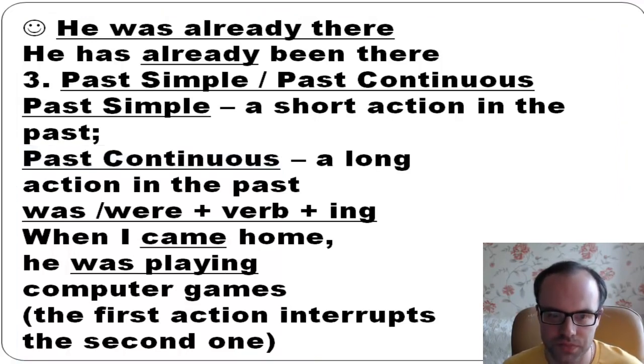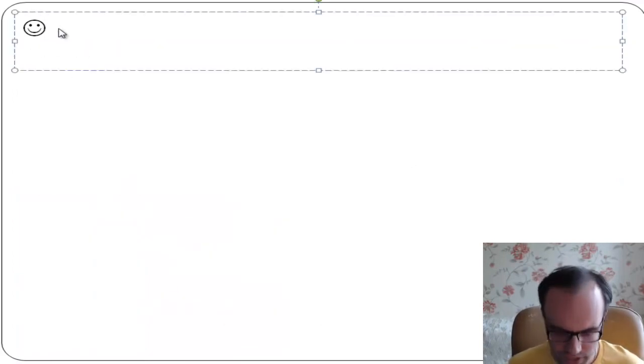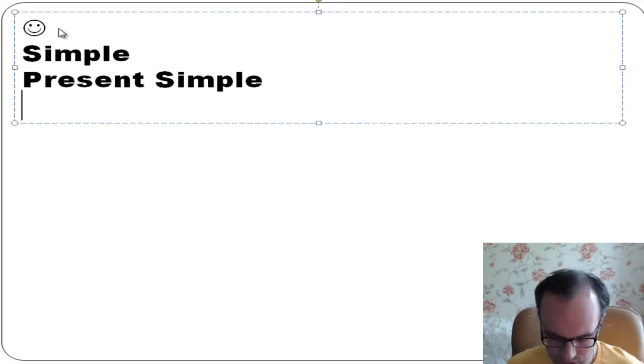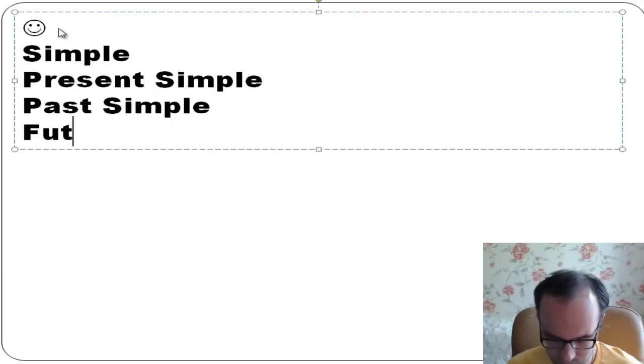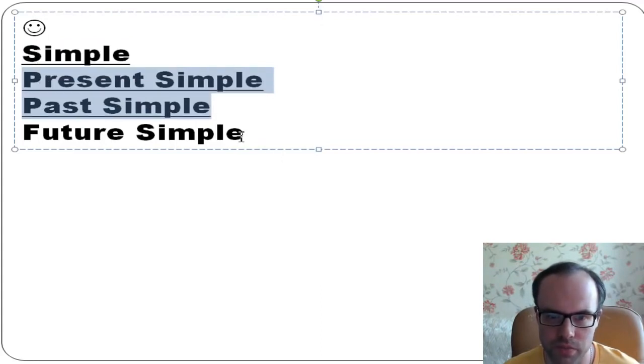So very good. So what about future simple? And you know that we need to talk about the group simple. So present simple, next past simple, and future simple. We have already talked about present simple and past simple.